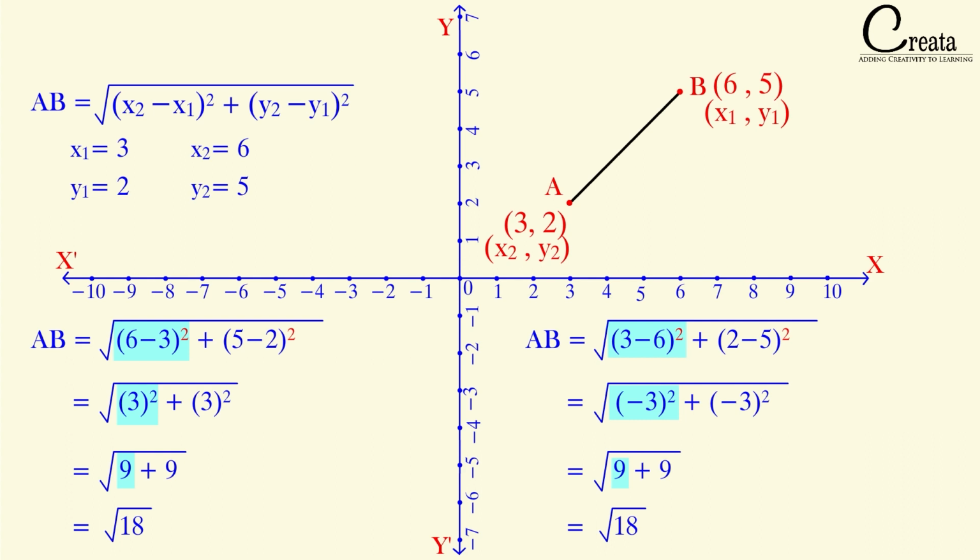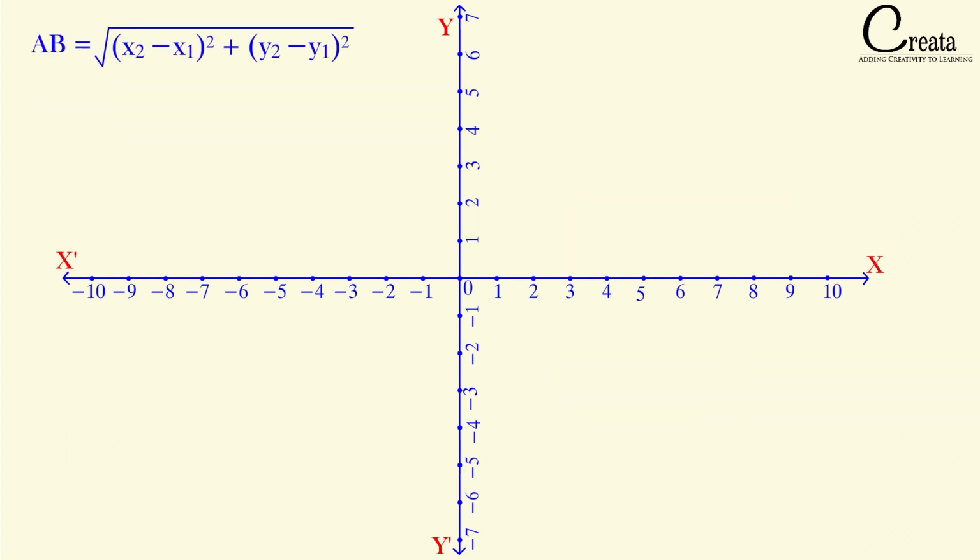Okay. Let's take a point in the negative. Suppose the first point is 4, 3 and the second point is minus 5, minus 2. I am specially taking the negative case because students get confused about whether they have to apply the negative symbol or not, as the question already has a negative symbol. The answer is that you have to apply the negative symbol of the coordinate.